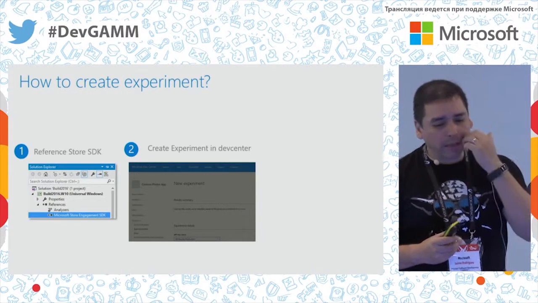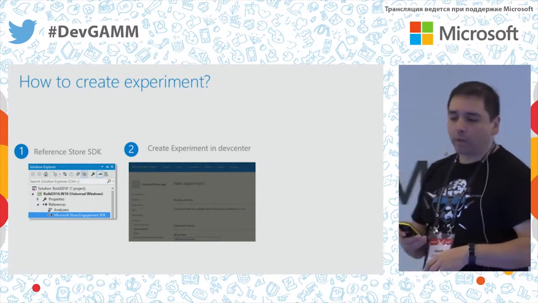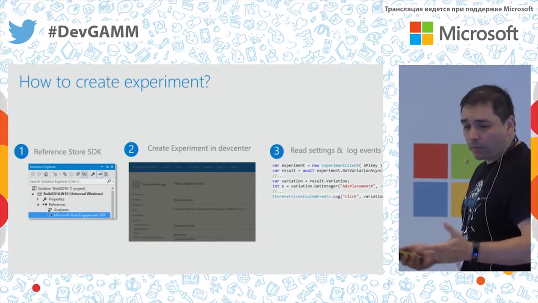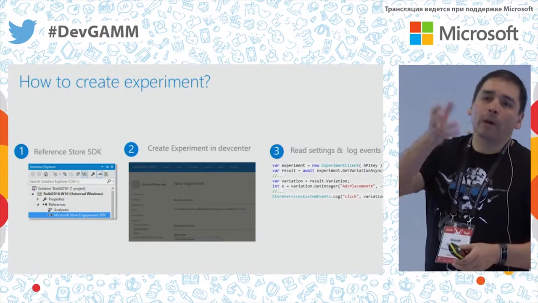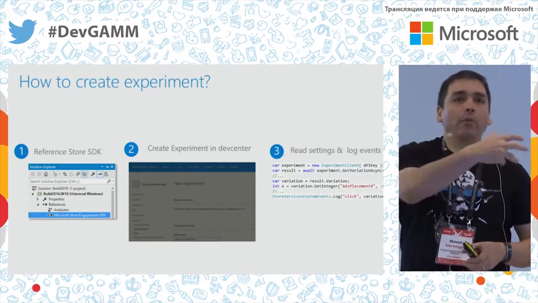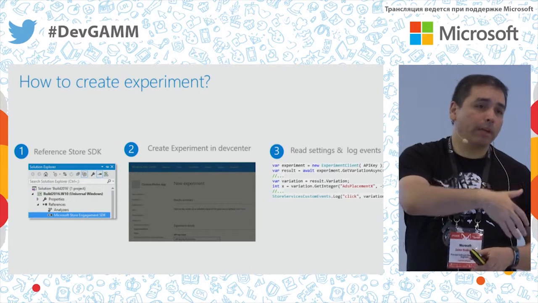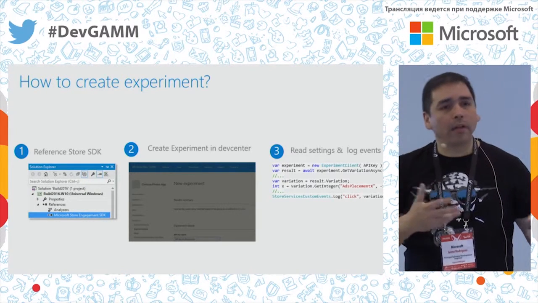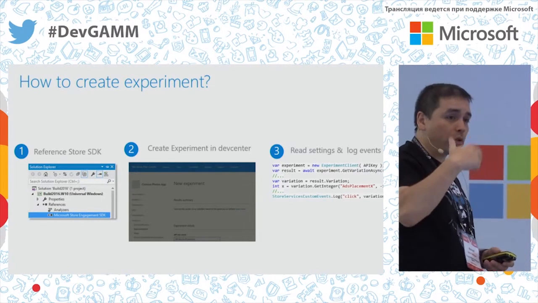You create a new experiment, define the variables you want to use for it, and then from within your code, you call into the Dev Center and ask what should I do for this experiment: the vertical ad, the horizontal ad, or whatever? You get the variable, and then you show the ad.